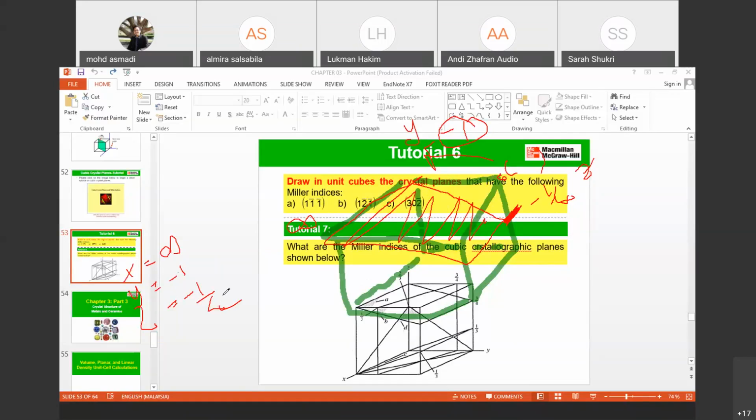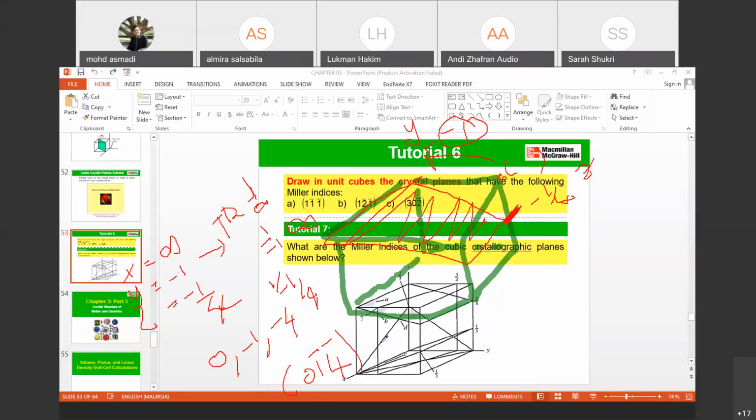And then taking the reciprocal: 1 divided by infinity is 0, 1 divided by -1 is -1, as well as -4. So your Miller indices are 0, -1, -4.